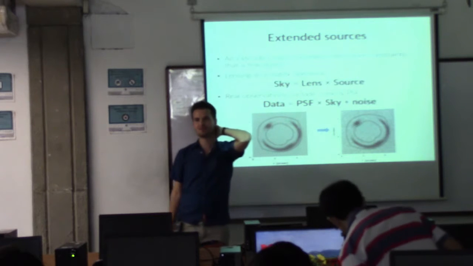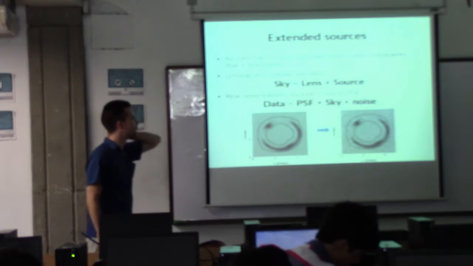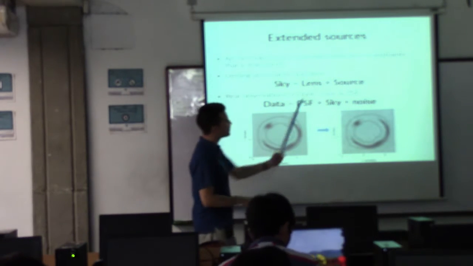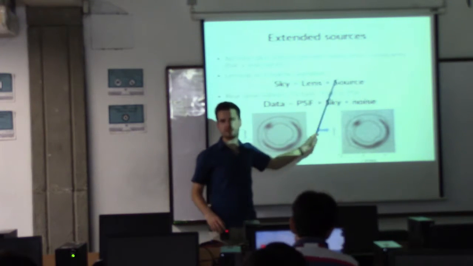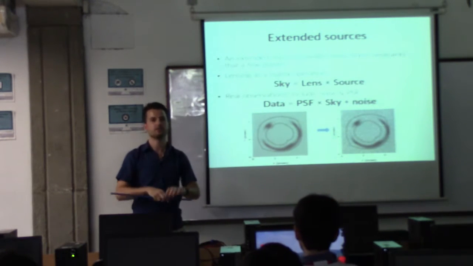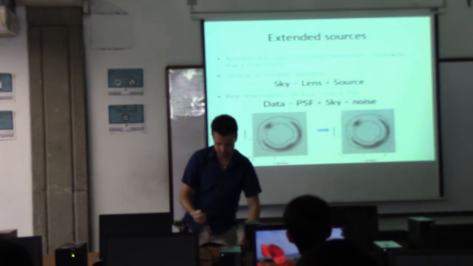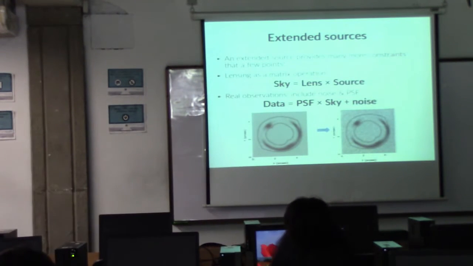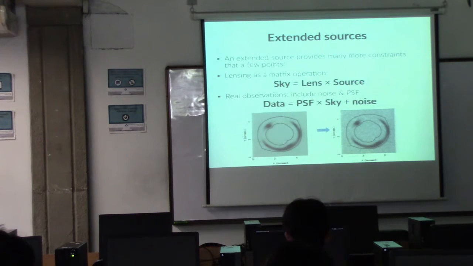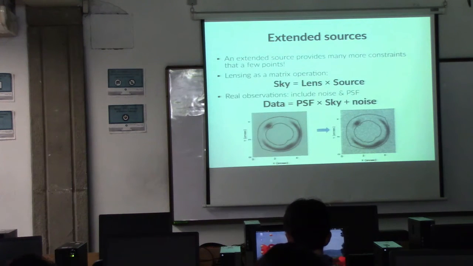And now comes a bit of very simple math. Imagine I have some source, and I can describe it as a matrix. In the source plane I can make a pixel map, x, y. Here is my source.